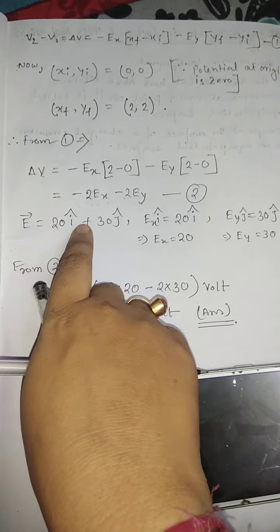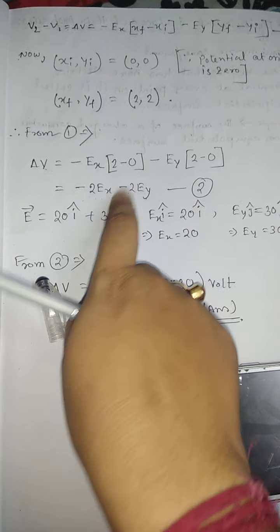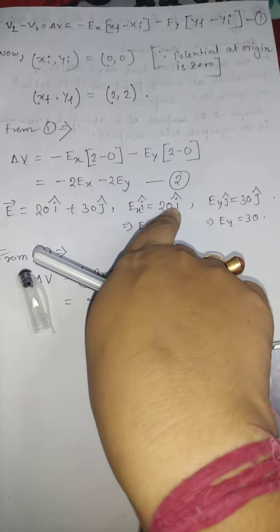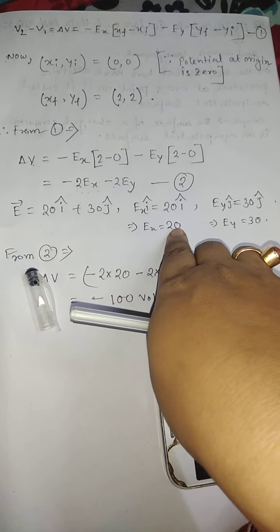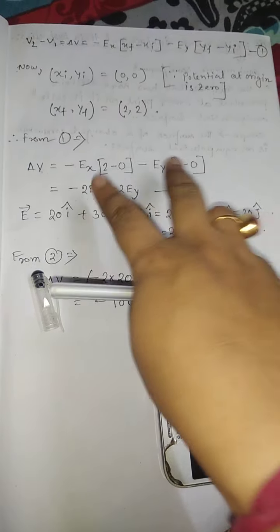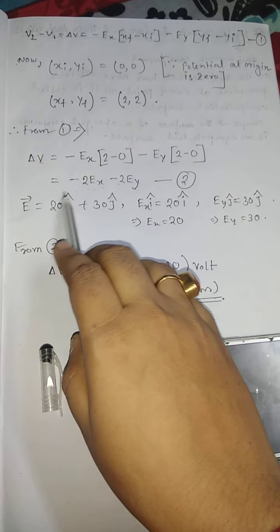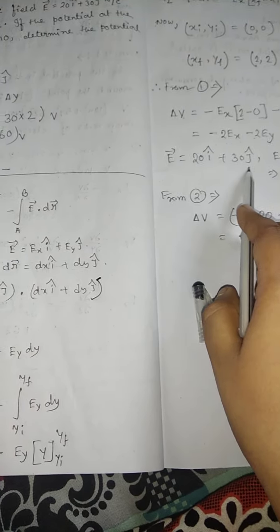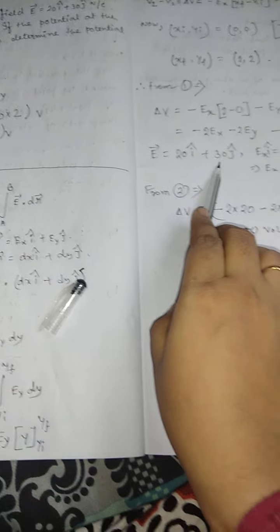Now E is given as 20 i hat plus 30 j hat. If we compare the two equations, Ex i hat equals 20 i hat and Ey j hat equals 30 j hat, so Ex equals 20 and Ey equals 30.